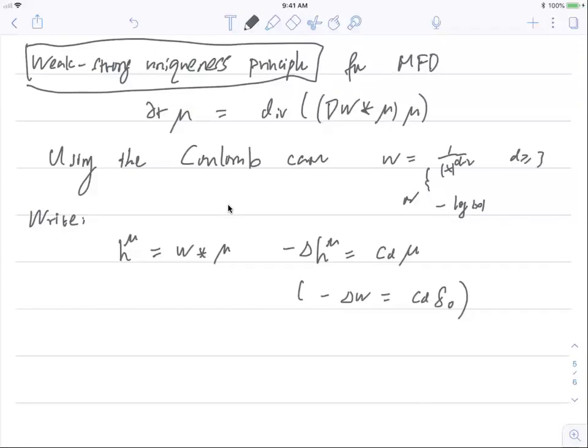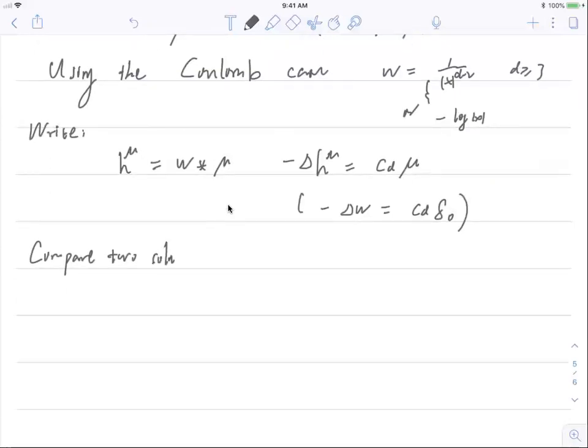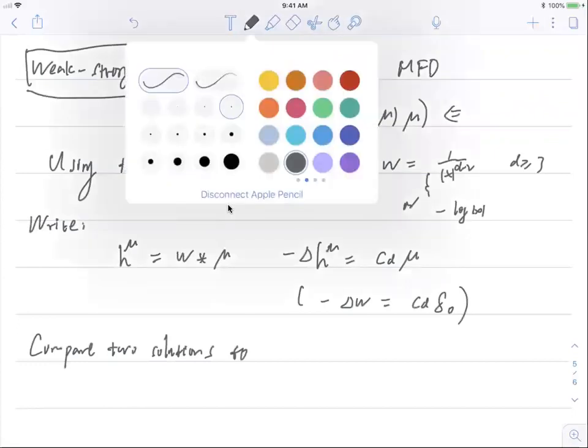So let's compare two solutions, two weak solutions to the mean field dynamics. Let's call this the mean field dynamics.